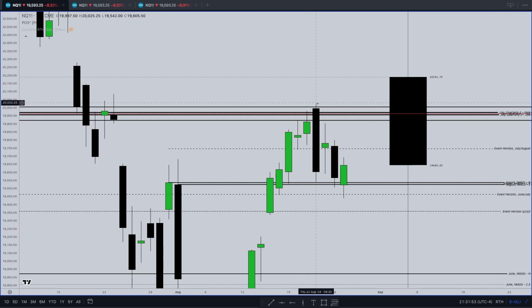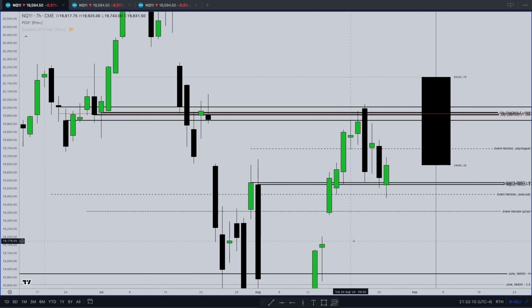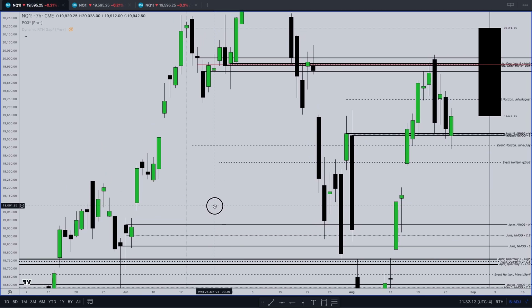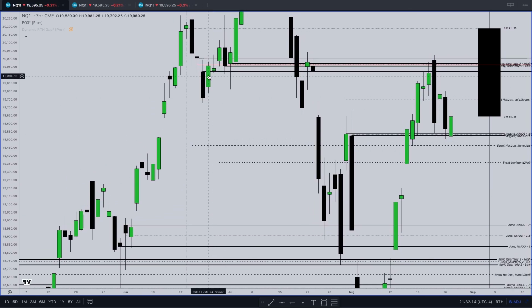So from here to here was a really nice trade. I took the short, and today's was also a nice trade because we took all this sell side liquidity. We reached the event horizon between June and July, that is between this gap and this high, the 50%.